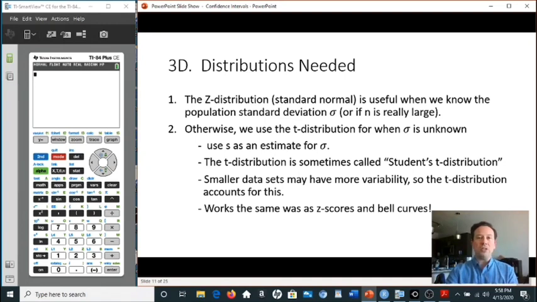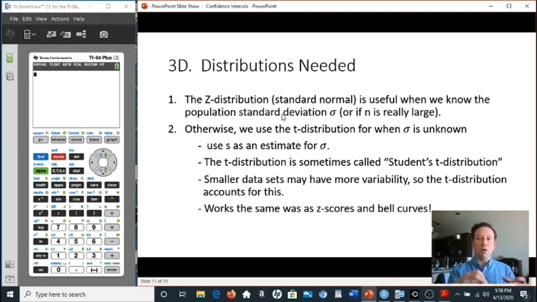He was working with very small samples of beer. I guess you can only try so many before you get tipsy and can't accurately measure what you're supposed to measure. So he was working with very small samples of like 5 or 10 or 15 items that they were taste testing or measuring.